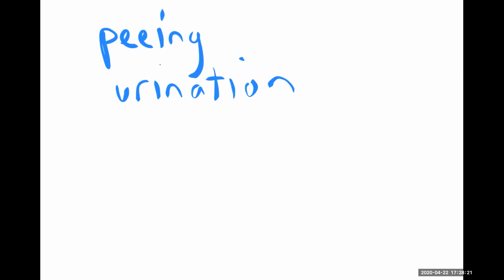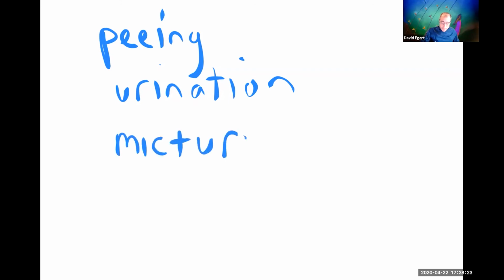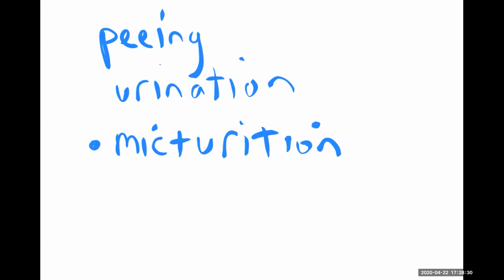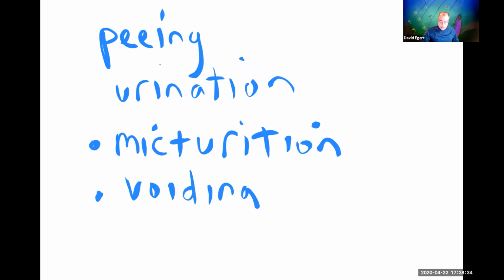Micturition. Yes, micturition, a fancier, more clinical term for urination or peeing. The other word people often use is voiding. These are terms you'll often see having to do with emptying your bladder.